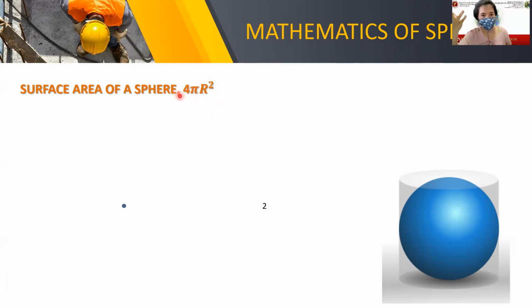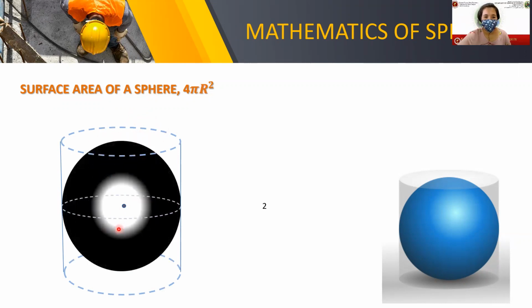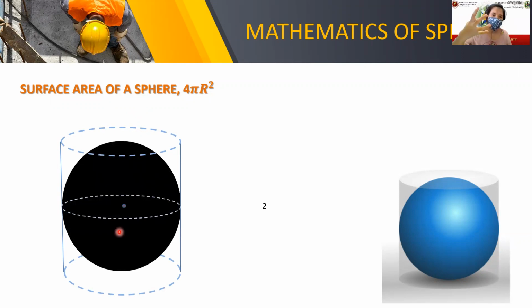The surface area of a sphere is derived from the formula for computing the surface area of a cylinder. For example, we have a cylinder and a sphere, and we put the sphere inside that cylinder so that it fits.